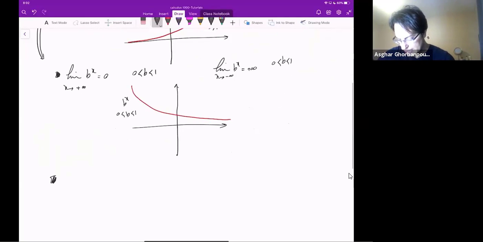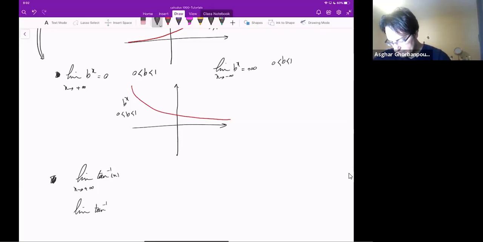Okay, one more thing. It is the limit of tan inverse x as x goes to plus infinity, and the limit of tan inverse x as x goes to minus infinity. These are two numbers that you should know.